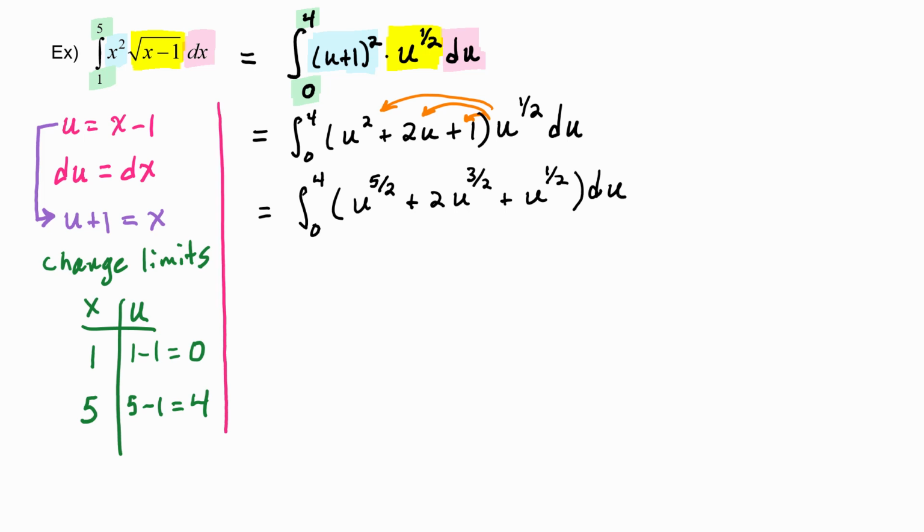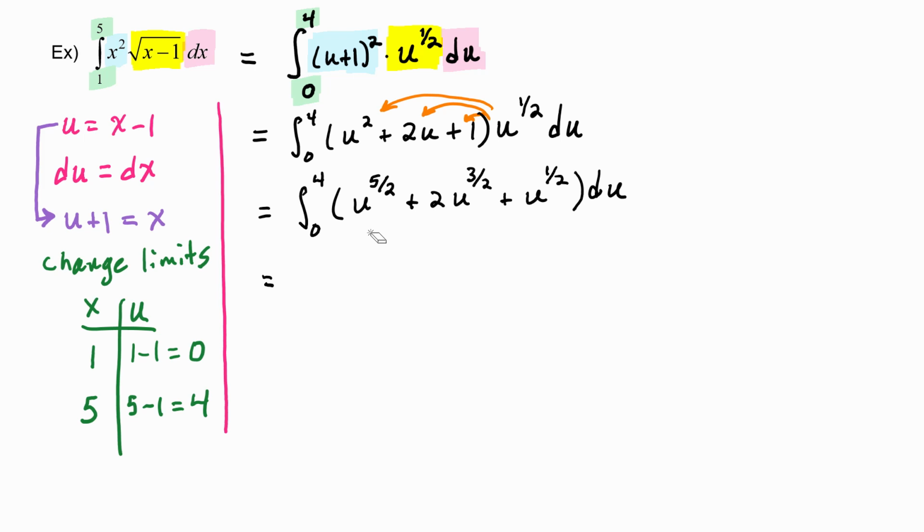Now we're finally ready to integrate. So this is going to equal, we take each of these, and because they have plus signs between them, now we can integrate them on their own.